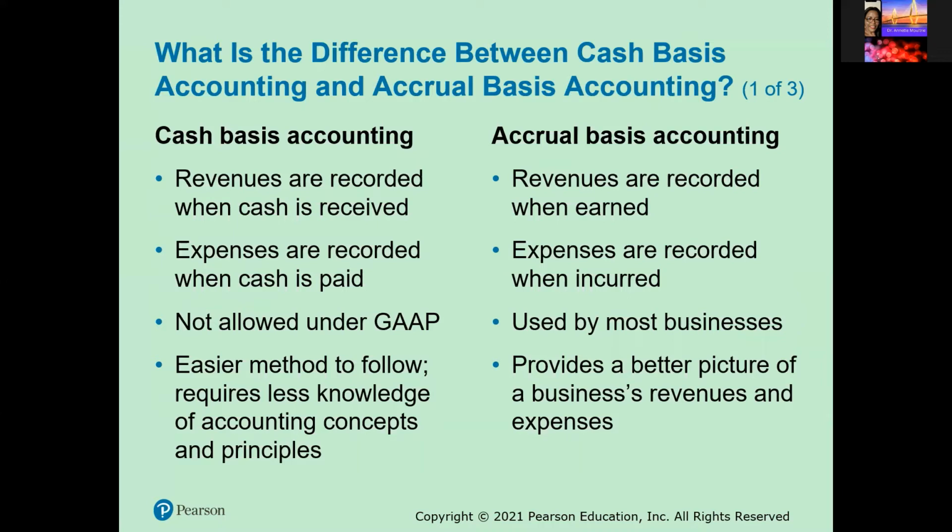With the cash basis accounting, you would record transactions based on the receipt or the payment of cash. Under the cash basis accounting, revenues are recorded only when cash is received, and expenses are recorded only when the payments are made.